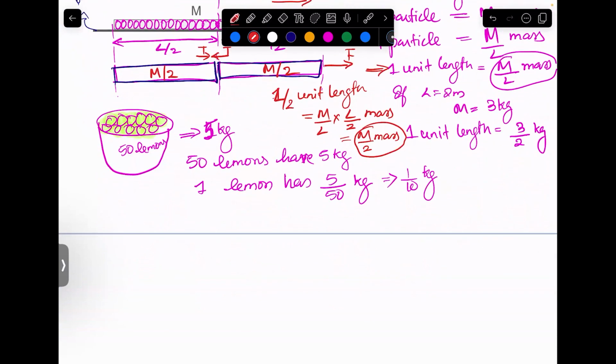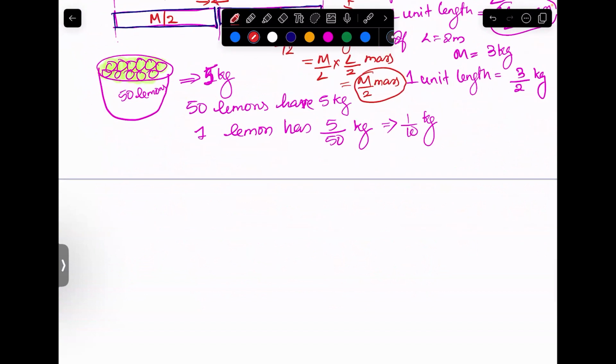Now you know, to find acceleration, what will you do? You will consider the entire string. That is, M mass is there for the string. F is the force, and net force F equal to MA. So A equal to F by M. So that's done.